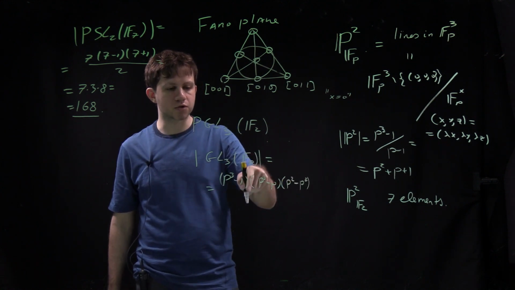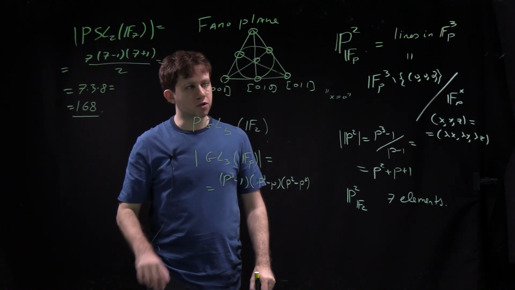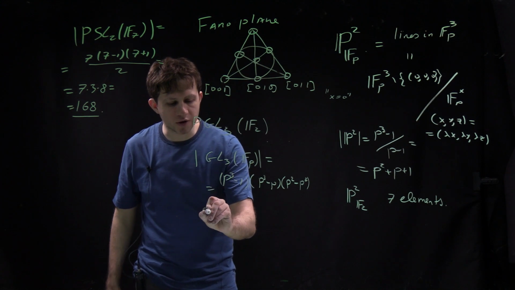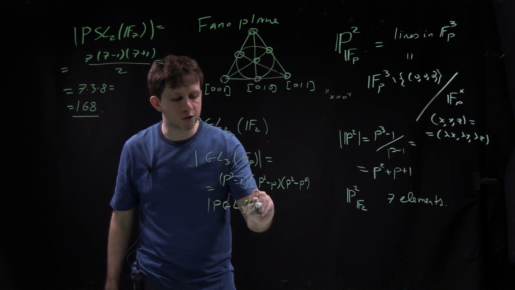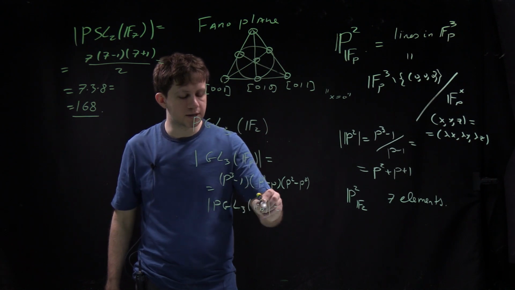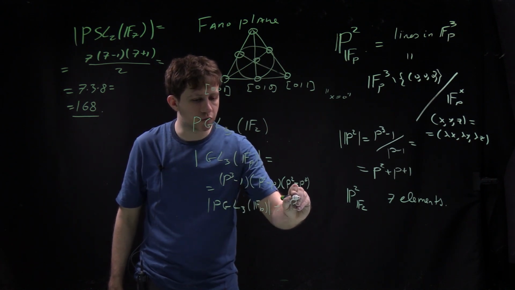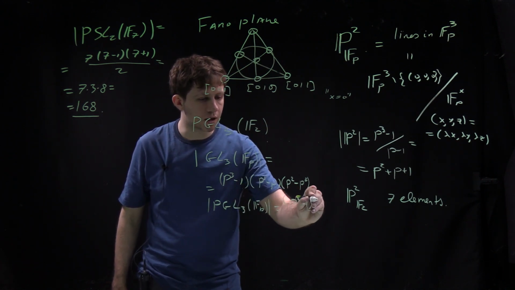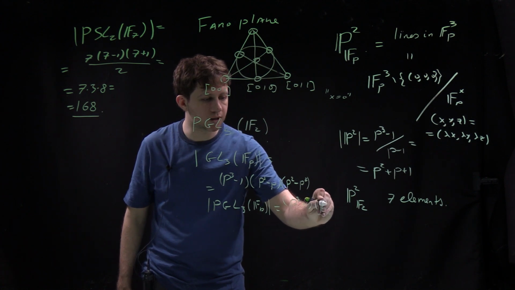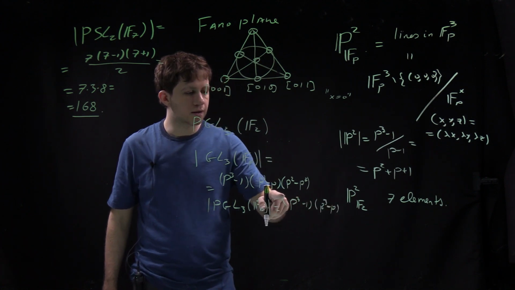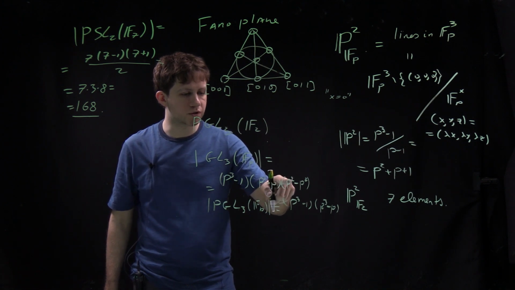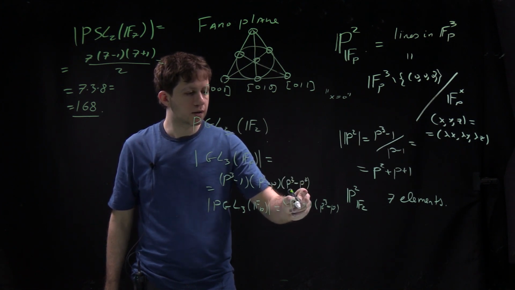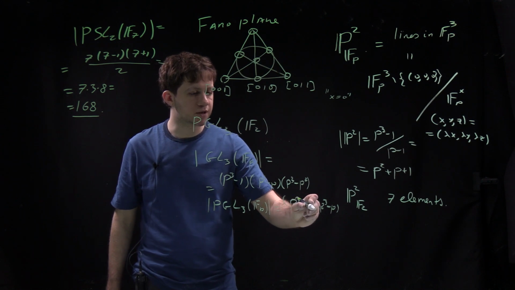And if you want to look at PGL3, of course, you divide by p minus 1. That's just p cubed minus 1, p cubed minus p, and then p cubed minus p squared, divided by p minus 1, gives p squared minus p.